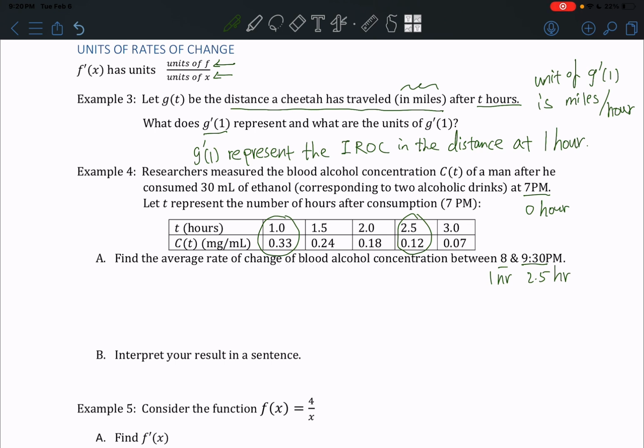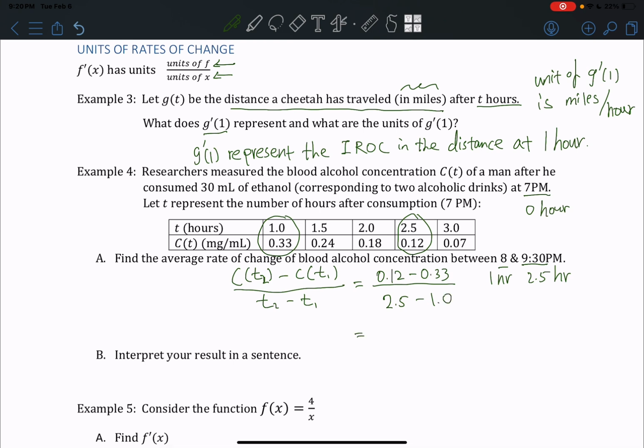Therefore, the average rate of change is simply C of t2 minus C of t1, all over t2 minus t1. According to the chart, we get 0.12 minus 0.33 all over 2.5 minus 1.0.